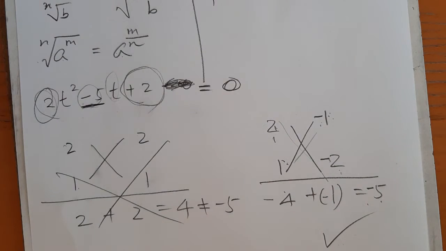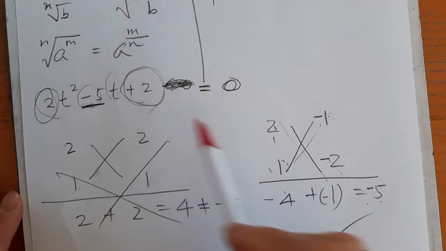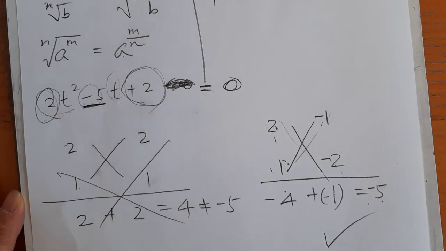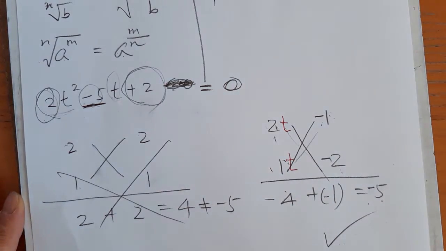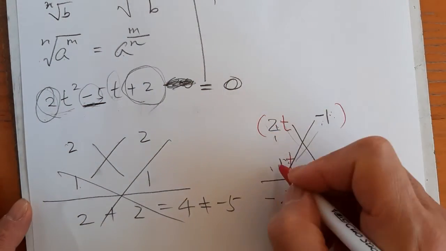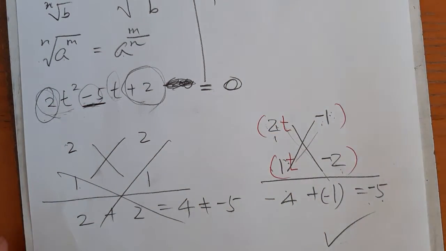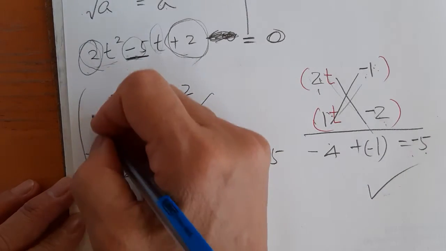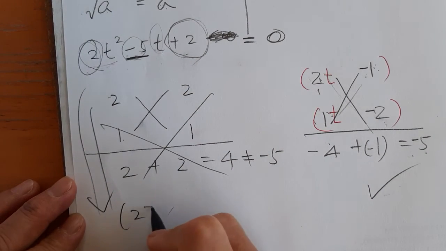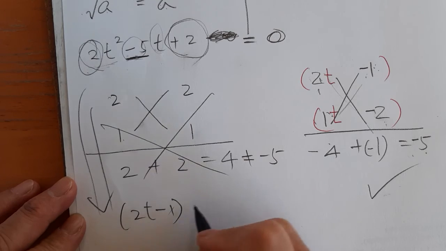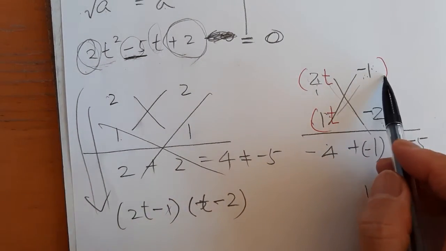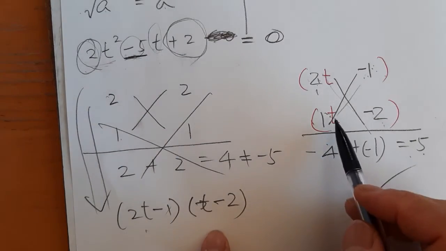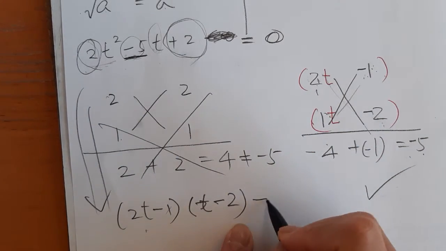Then attach t, because 2 times 1 comes from the 2t squared term, that t squared separates into t, and put the parentheses. So the factor becomes 2t minus 1 and t minus 2. 2t minus 1 times t minus 2 equals 0.